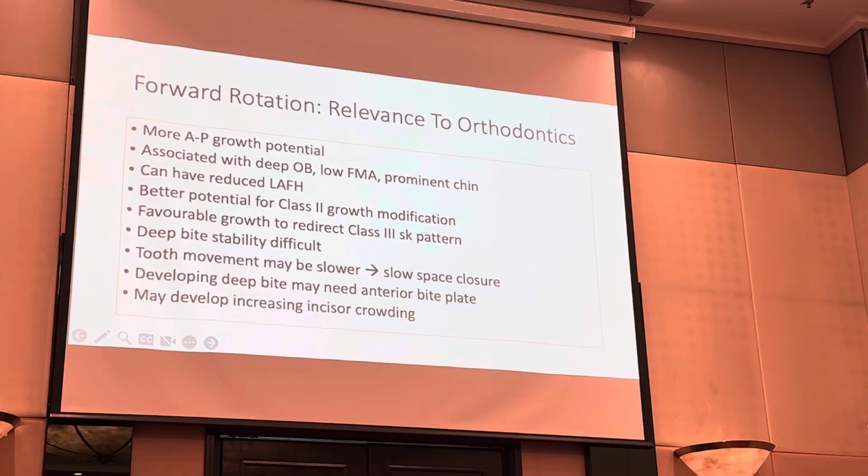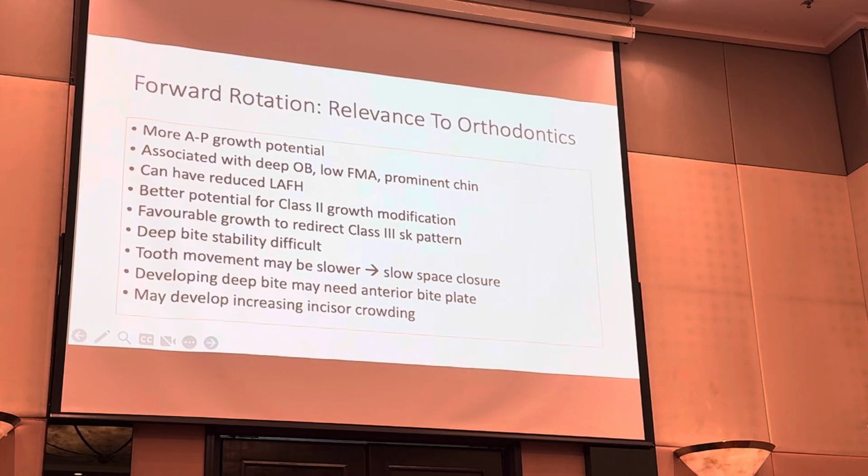Other things we need to know in forward growth rotation patients: tooth movement is usually slower, so slow space closure. Their bite strength is usually a lot stronger. Generally, most forward growth rotators have very nicely developed faces, low angle, strong jaw, and some have reduced lower anterior face height depending on the classification, type 1, type 2, type 3.